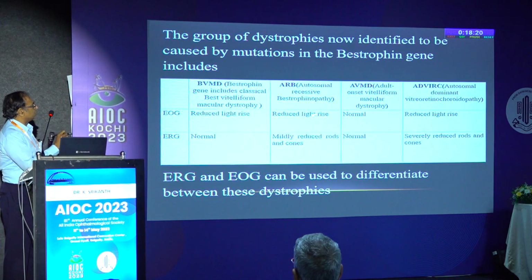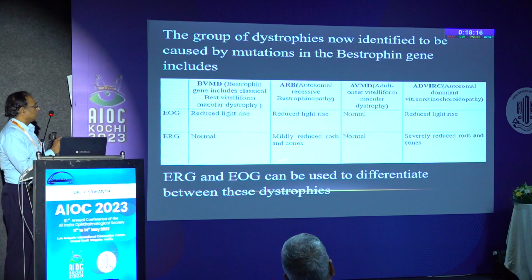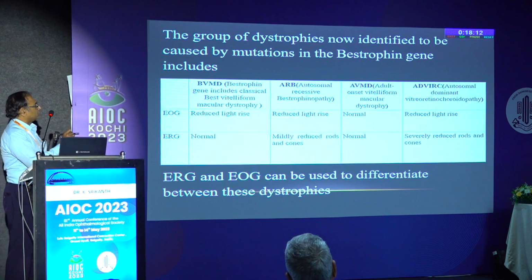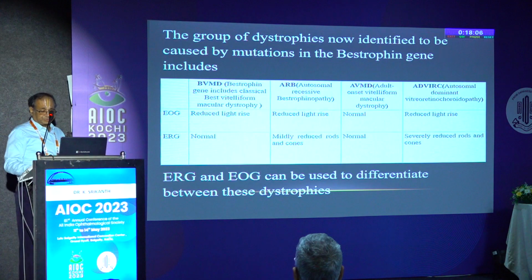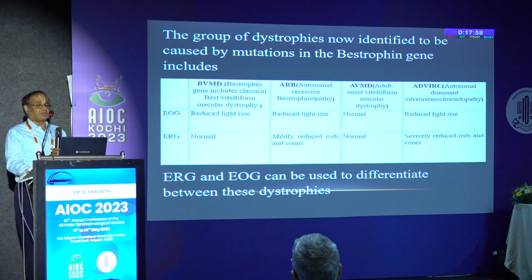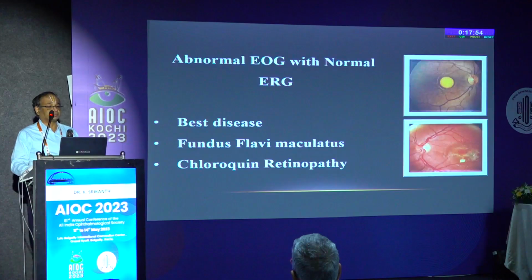So in autosomal recessive, reduced light rise is seen. Here mildly reduced Arden cone response. Here it is normal. Like that, this is how these are used to differentiate between the place of the lesion and the type of dystrophy.